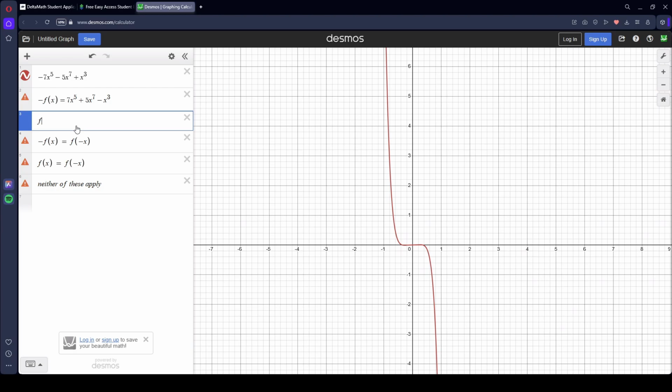Now let's find f of negative x. So if we know that this is f of x, now we inputted x to get this for the f of x. Now we input the negative x. Let's see. Negative x to the power 5.